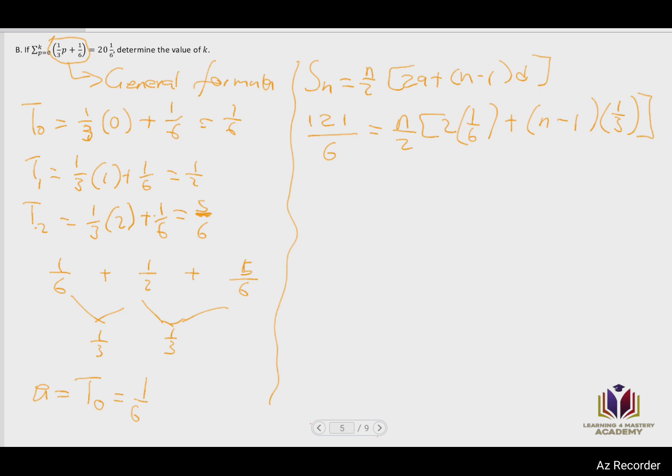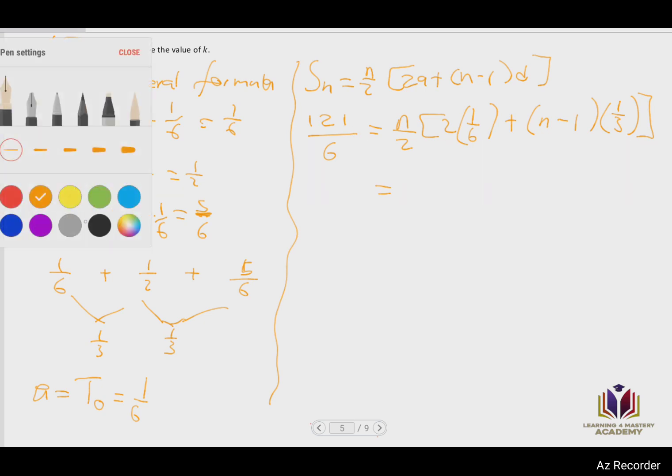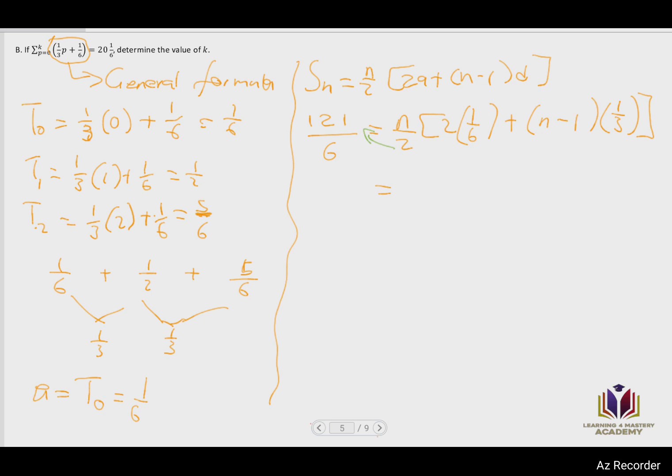Then we work out everything. This is going to give us, we can multiply this. Firstly, we're going to multiply the 1/6 by the 2. It's then going to give me 1/6 times 2 is 2, 2 divided by 6 gives us 1/3.